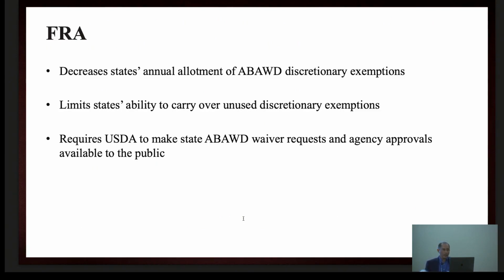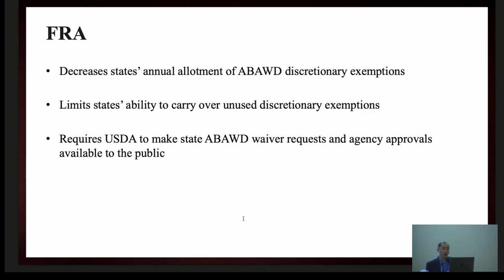The FRA also is now decreasing states' annual allotment of ABAWD discretionary exemptions. So in the past, states were given a number of discretionary exemptions. I don't exactly remember the numbers, but now they're decreasing that allotment, and they're also limiting the state's ability to carry over these unused discretionary exemptions, if they do have some.